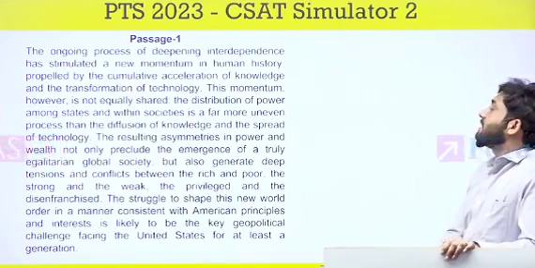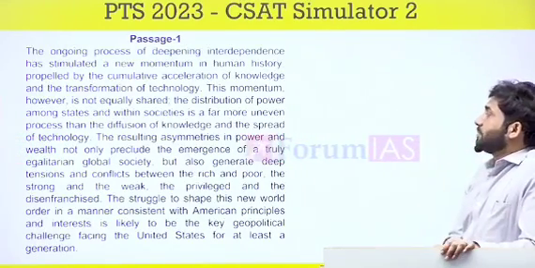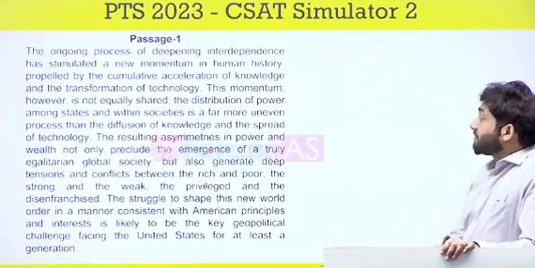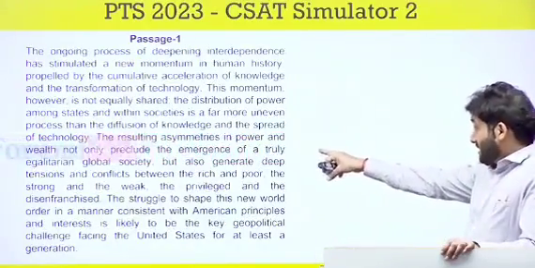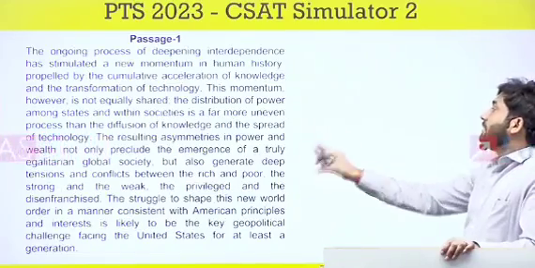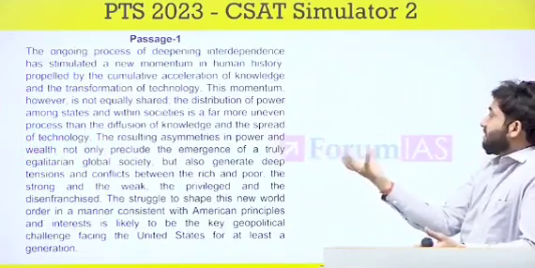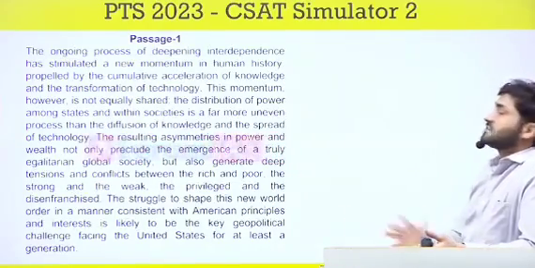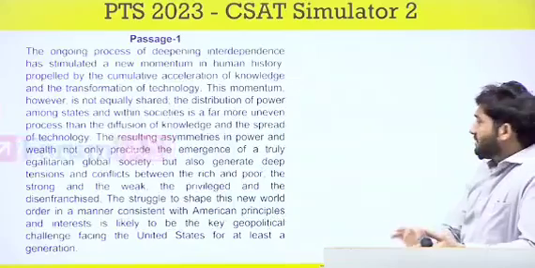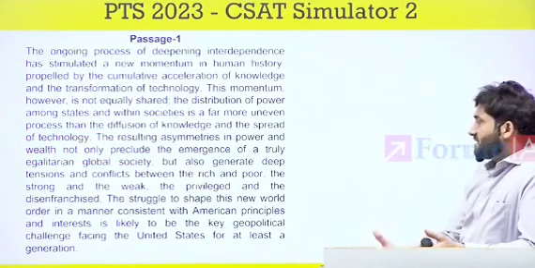And what results due to that uneven distribution of power? That is what is being discussed here. The resulting asymmetries in power and wealth not only preclude, stop the emergence of a truly egalitarian, welfare-oriented global society, but have generated deep tensions and conflicts between the rich and poor, the strong and weak, the privileged and disenfranchised.